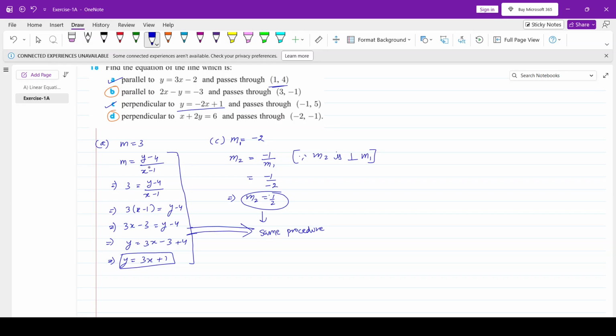Here rather than taking 1 and 4, we'll take -1 and 5. Everything else will be same. And M2, rather than taking this 3, we'll take this half. So these three values will change.